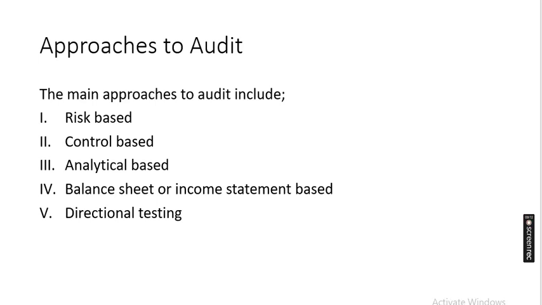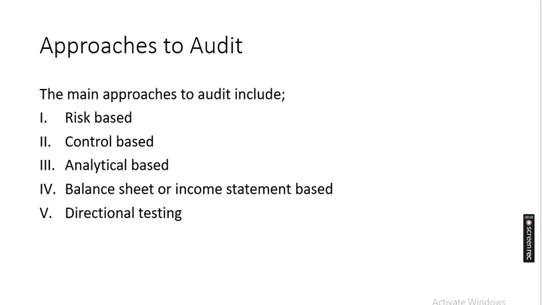Then analytical-based audit, that's where you calculate ratios and see which ratios show deviations. For example, current ratio has decreased by 3 times, or gross profit has decreased by 20%. Then balance sheet approach, that's where you focus on only statement of financial position items, assets, liabilities.